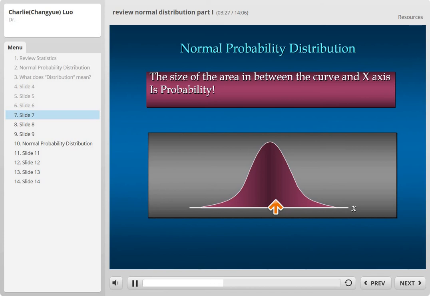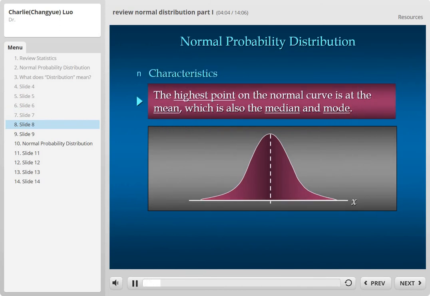So the total probability of normal distribution is 100%. In other words, the physical size of the area here, which I highlighted, equals 1. In other words, 100% of the chance.